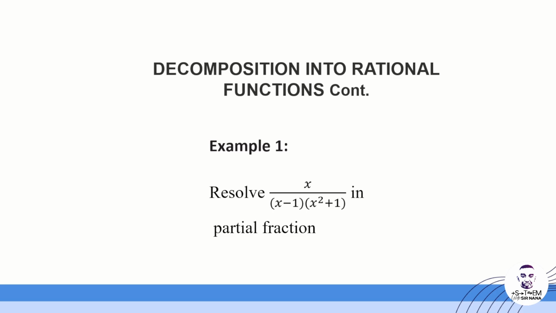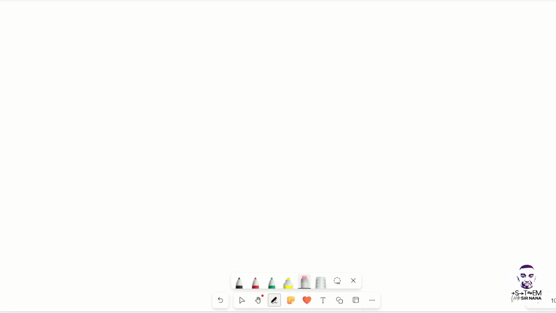In this example, we are to resolve x all over x minus 1, s squared plus 1 in partial fractions. So in this case, we have a linear factor s minus 1, and then we have an irreducible quadratic factor s squared plus 1. Right, so let's consider how we can solve this question.